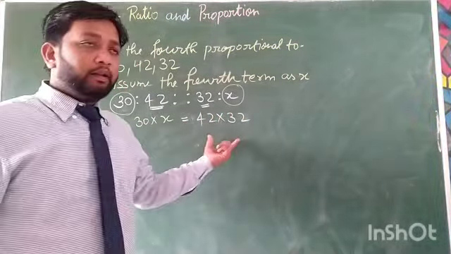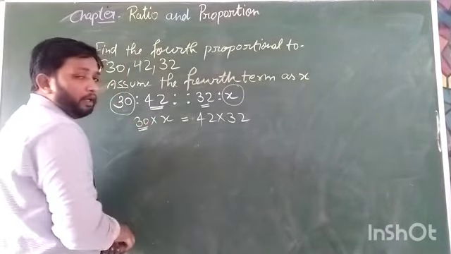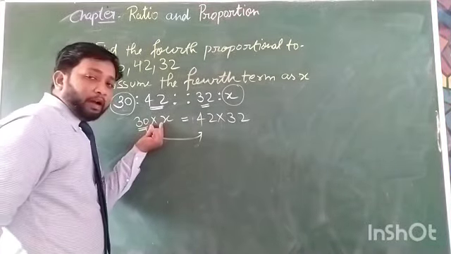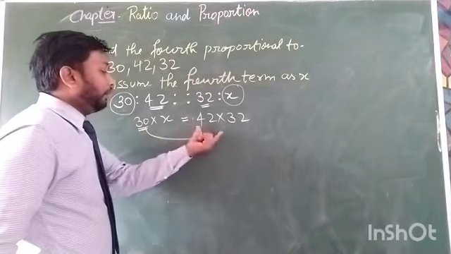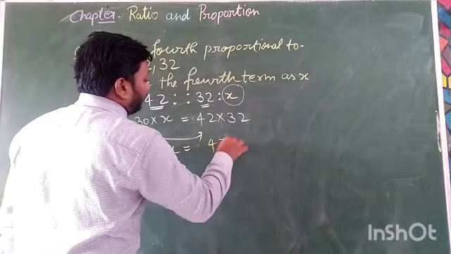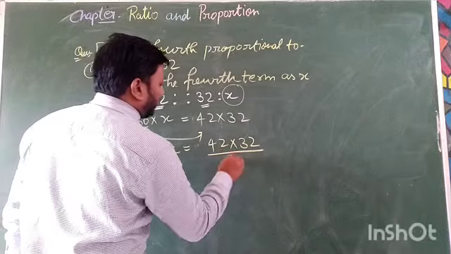Now to solve this, we transpose this 30 from here to there; here it is multiplication, and there it will be division. So the value of x will be 42 multiplied by 32, whole divided by 30.